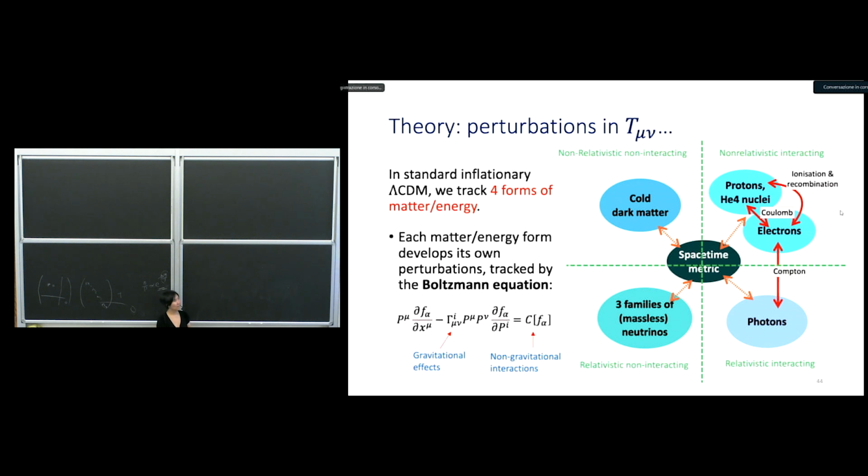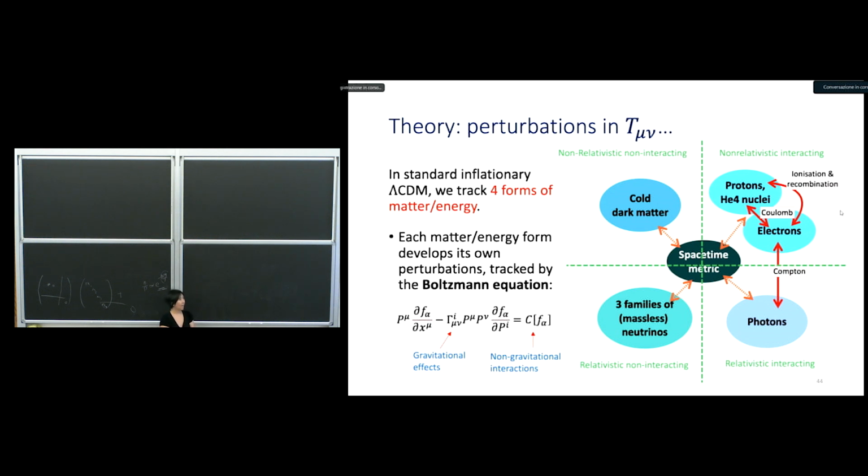Cold dark matter is a non-relativistic, non-interacting kind of stuff. Neutrinos, if they're massless, are relativistic and non-interacting. Photons are relativistic and interacting. And the protons and the electrons are non-relativistic and interacting. They're interacting amongst themselves via the Coulomb potential. There's also Compton scattering between the electrons and the photons.